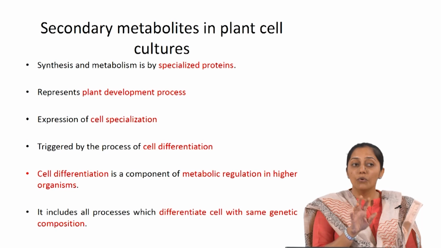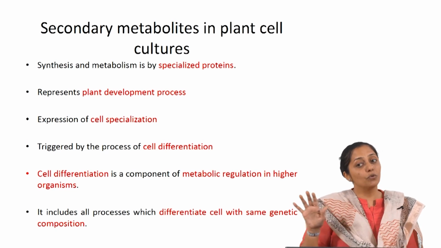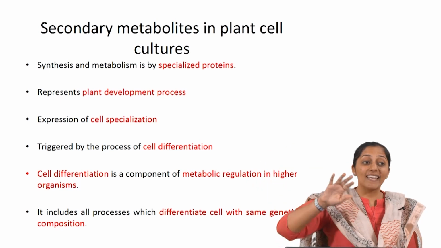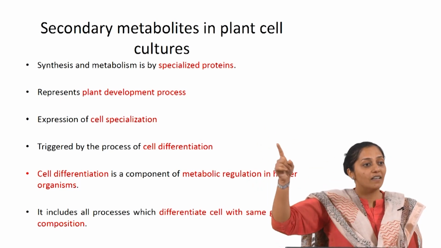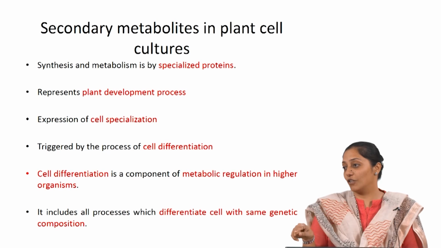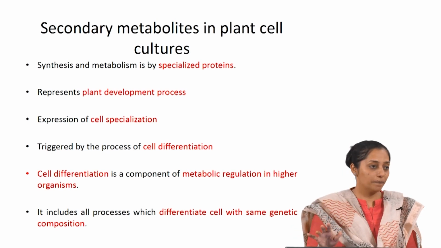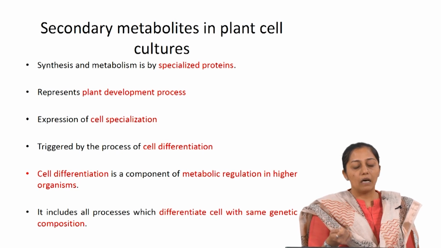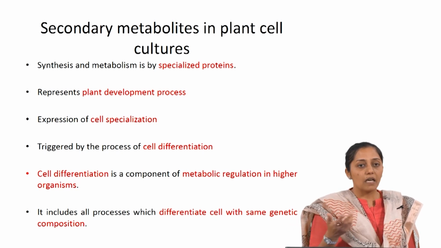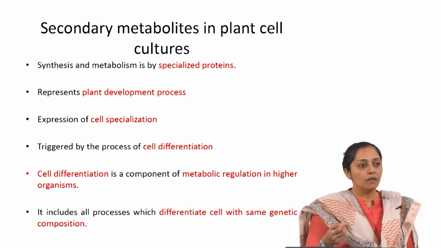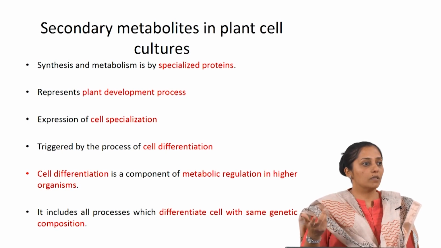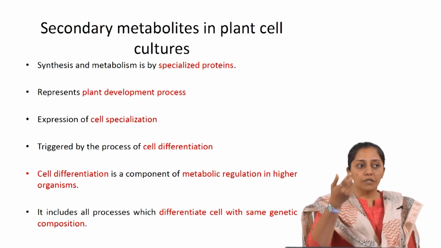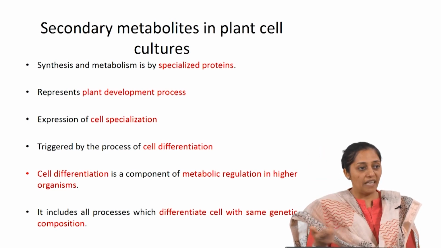So when you know these aspects and you know your secondary metabolite and how, when and where it is getting produced in nature, you accordingly devise your bioprocess development. Like some particular secondary metabolites are not produced all the time. They are only found in a particular tissue, like roots, or they are only found when the new leaf starts coming out, like in onion.